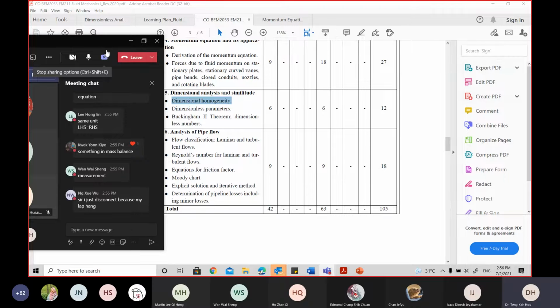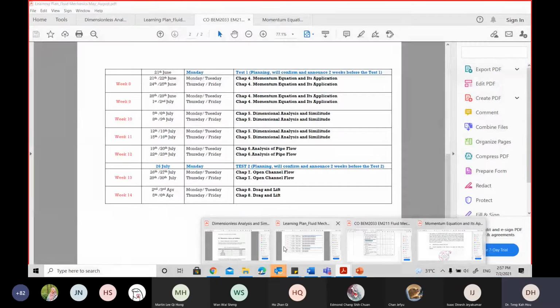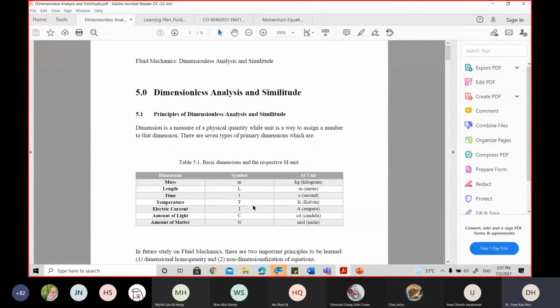If the question asks you to define the dimension, what can you write? Physical quantity units. Yep, that's a good one. That's why measurement is part of it. You do the measurements for some physical units, right? Physical quantity units. Okay, so in fact, for chapter 5, part 1 is more to recap your physics. So the dimension is the measurement of anything, put into physical units, right?